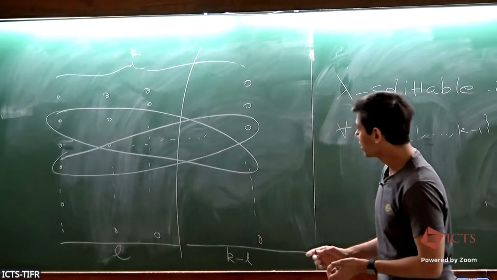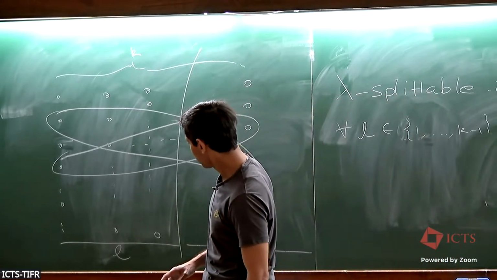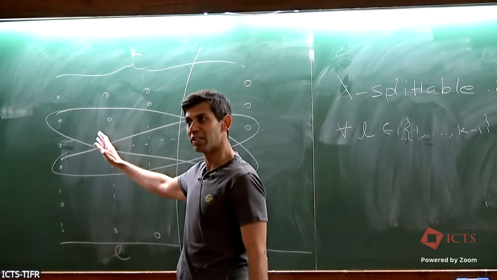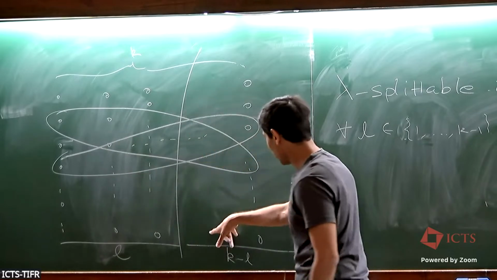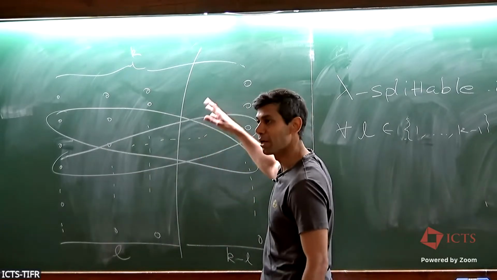It just means that I think of a graph where I will have one vertex for L tuples which participate in some hyperedge, and I will have a vertex for K minus L tuples which participate in some hyperedge. It's partite.